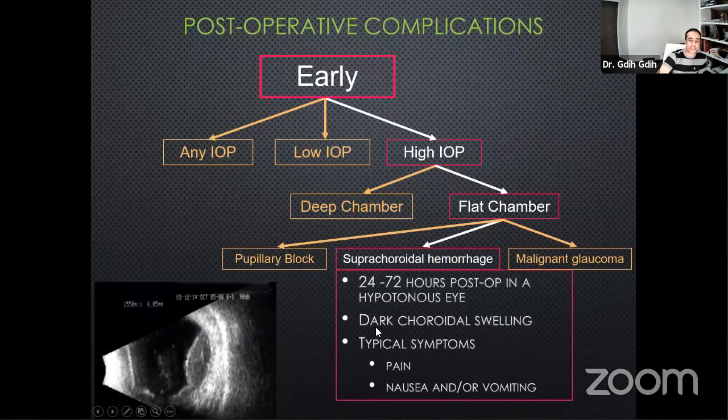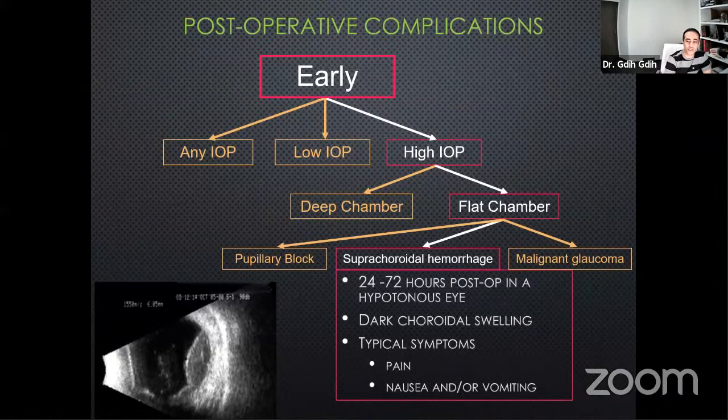Suprachoroidal hemorrhage, as we said, you can have it anytime in the post-operative stage, but most commonly in 1 to 3 days. Dark choroidal swelling. Usually, with the fundus exam, you will see a peripheral dark choroidal elevation, versus choroidal effusion, which is lighter in color because it has no blood, just effusion.